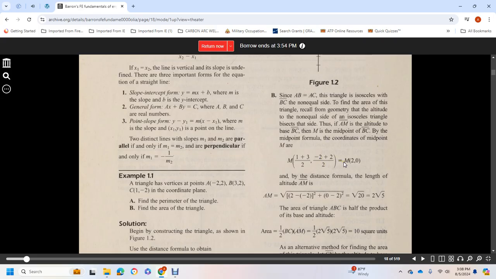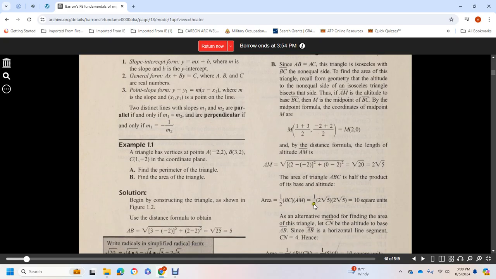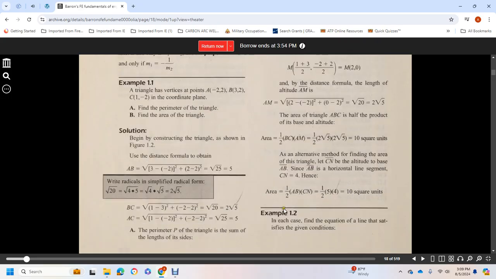You get M as the point (2, 0), and by the distance formula the length of AM is 2 radical 5. The area of triangle ABC is half the product of the base and altitude. The area is half of the base BC times AM, 10 square units.